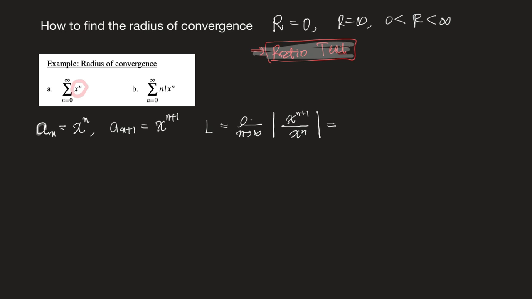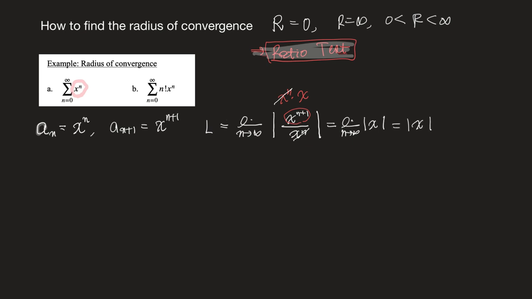Let's simplify. This is x^n times x, so you cancel out the x^n. So you have the limit as n approaches infinity of the absolute value of x, and there is no n, so this is just the absolute value of x.